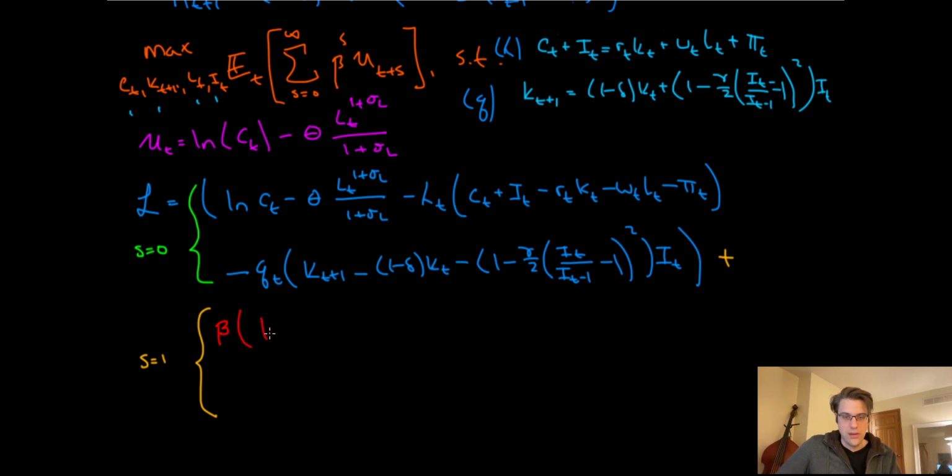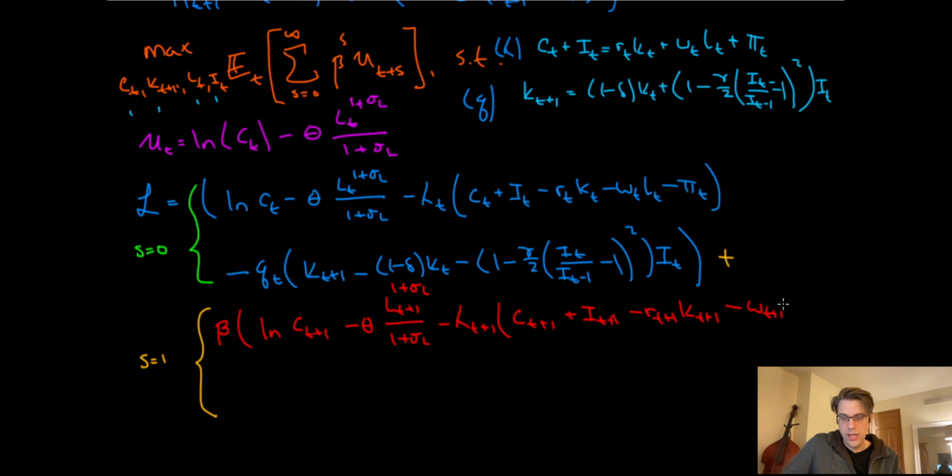And then we begin: ln c_t+1 minus theta l_t+1 to the 1 plus sigma_L over 1 plus sigma_L, minus lambda_t+1 times (c_t+1 plus i_t+1 minus r_t+1 k_t+1 minus w_t+1 l_t+1 minus pi_t+1). That's everything for lambda_t+1.